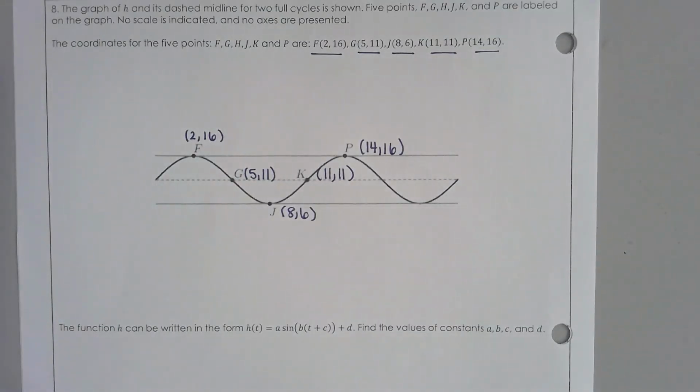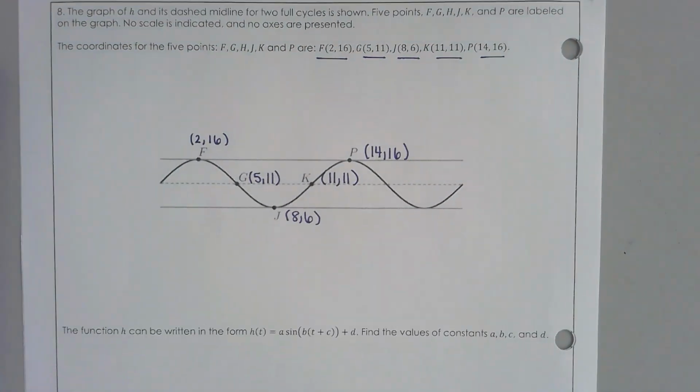So that's those up there. The amplitude, the midline, the period, B, all of that is quick and easy. You can find from here.